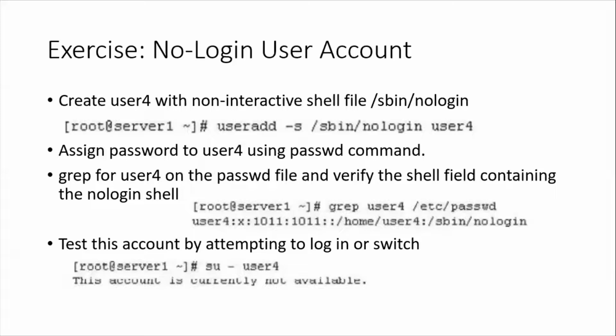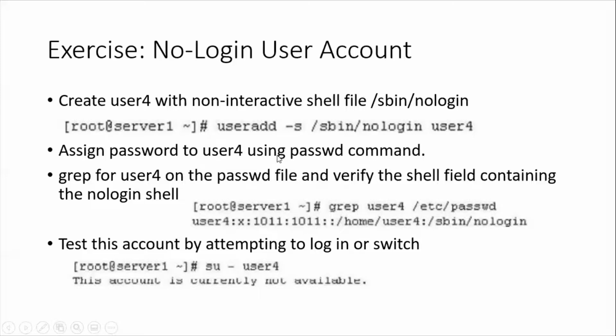So let's create a user again with the nologin shell. Using the useradd command and -s, which tells which shell we are going to select. Okay, so here we will select /sbin/nologin and the username user4, and we'll assign a password to this user as well.